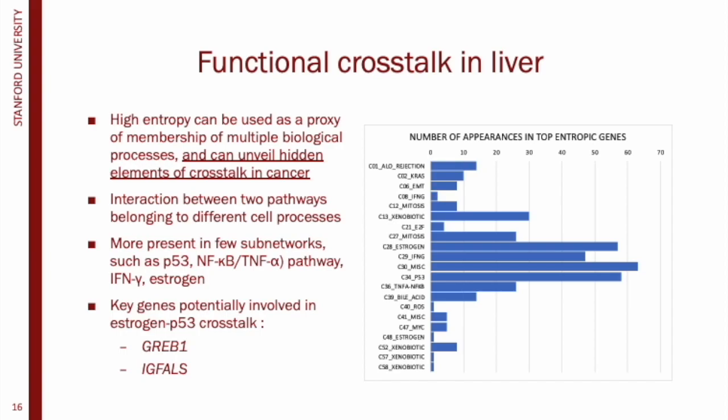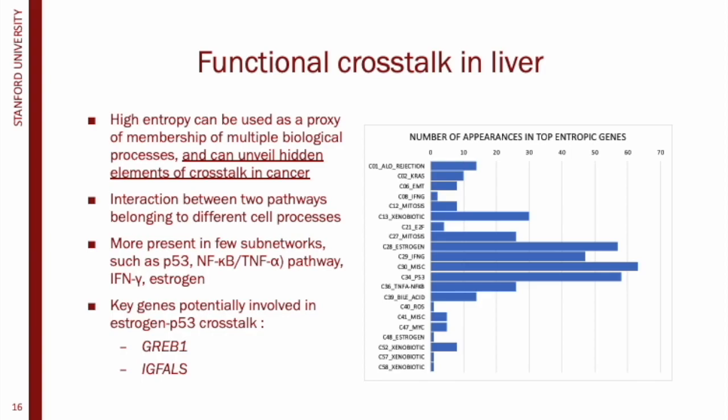In the context of cancer, this crosstalk between pathways represents compensation mechanisms by which a cancer cell can generate resistance to the blockage of a specific gene or pathway. As an example, we examined crosstalk between estrogen and p53 pathways and found two high entropy genes with significant roles in both pathways.